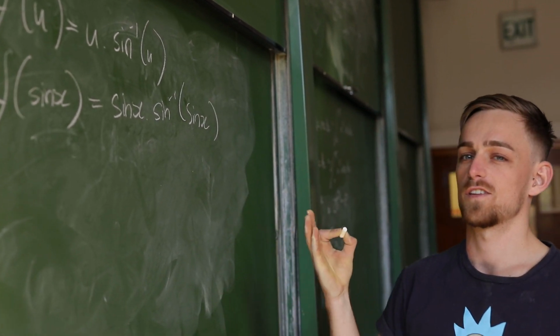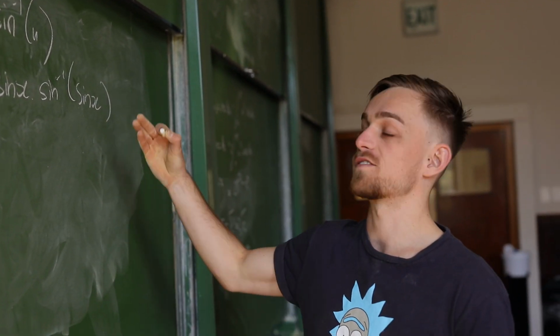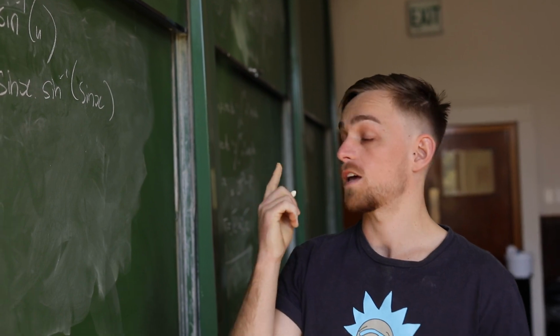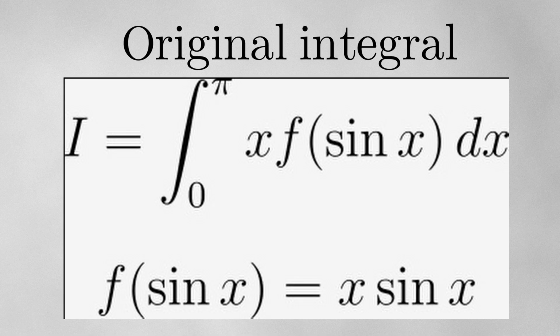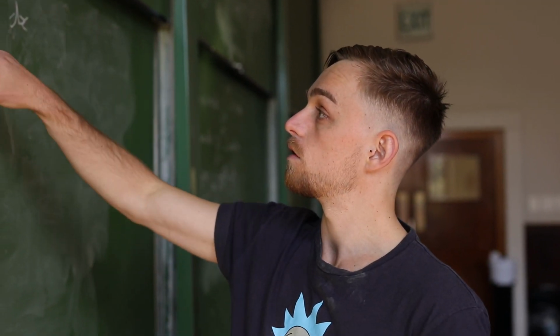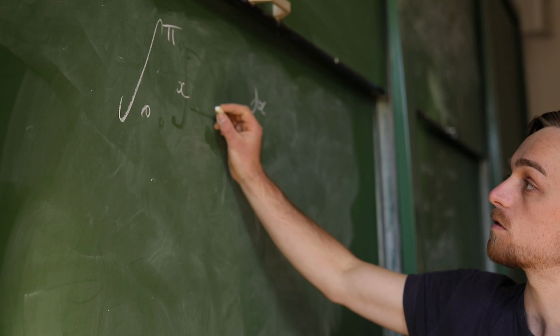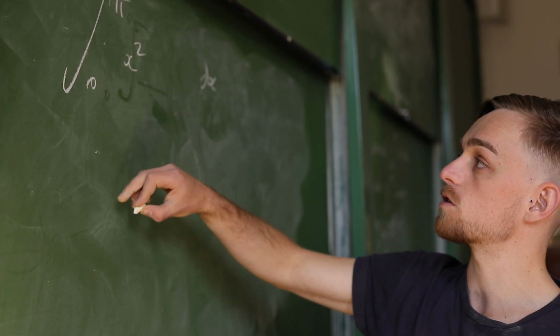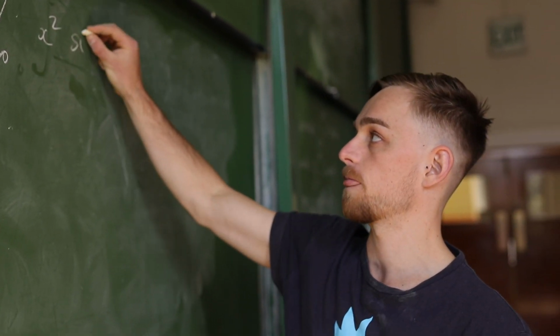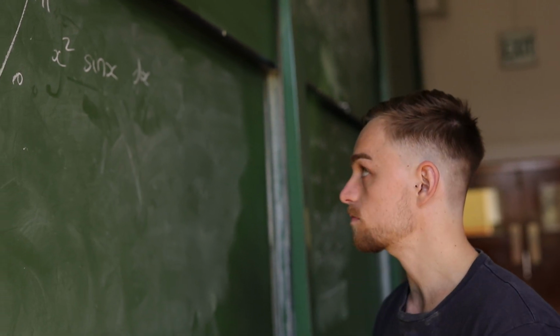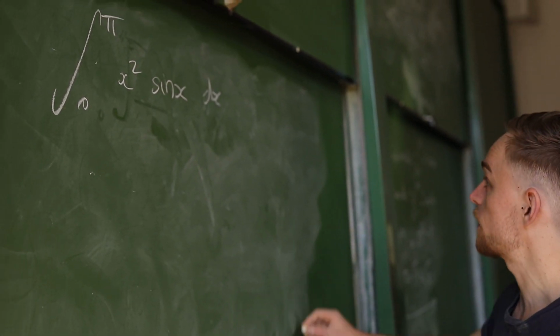And the inverse of sine of x is just x. So we're going to plug that in for f of sine x in our original integral to end up with the integral from 0 to pi of x squared sine x. And that's on our left-hand side.